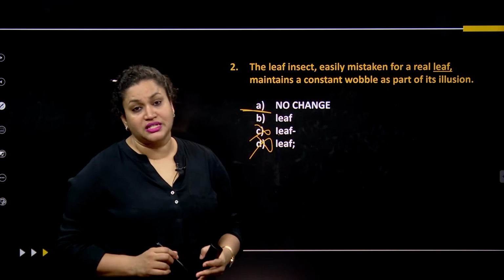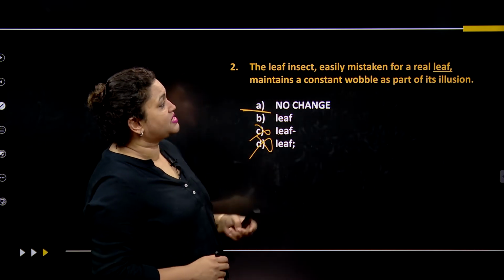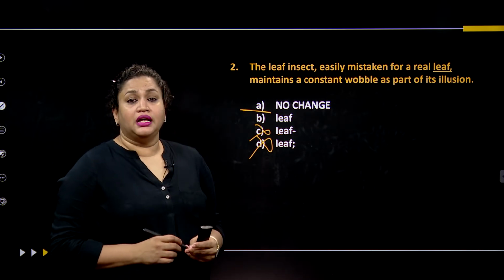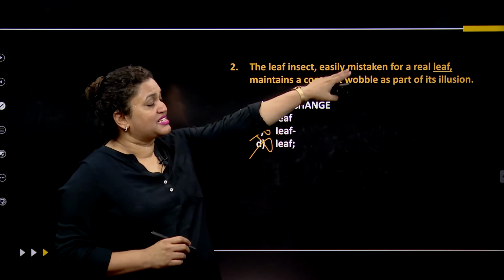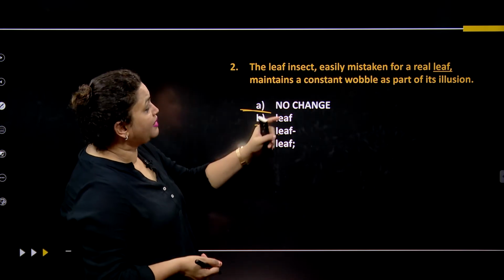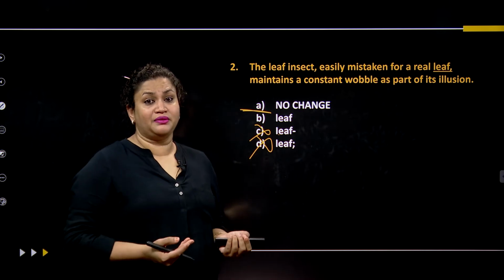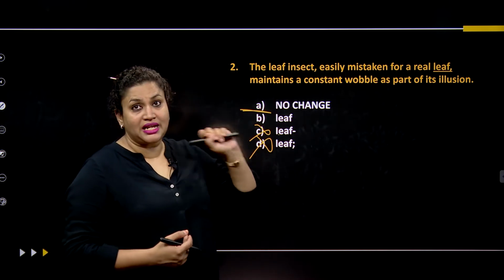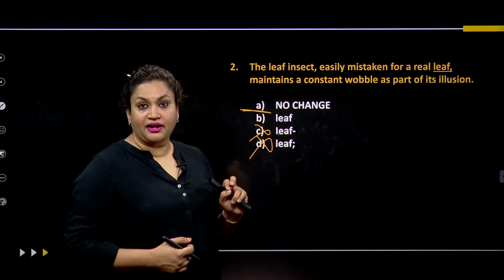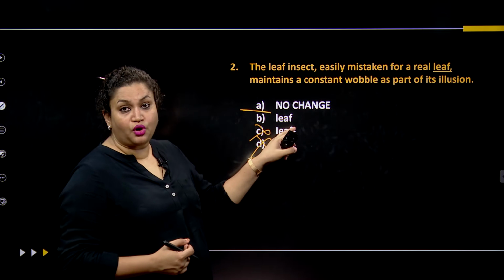Just "the leaf" cannot suffice because we're talking "easily mistaken for a real leaf" and "maintains a constant wobble as a part of its illusion." Now, "easily mistaken for a real leaf" is one aside. What is maintaining the constant wobble? The leaf insect. So therefore, it cannot go without just a leaf.